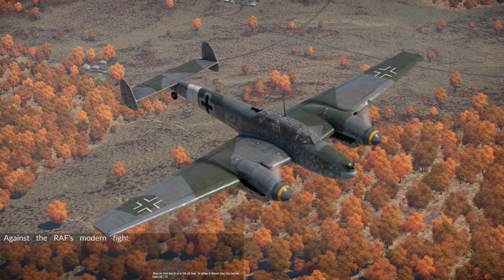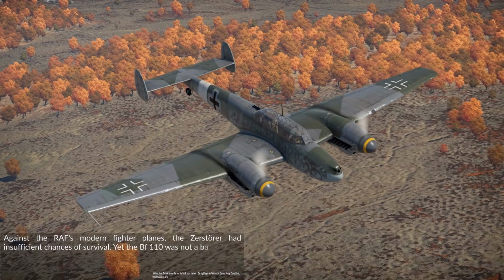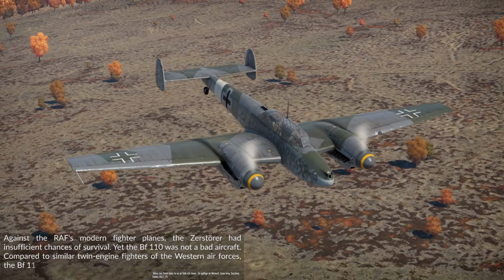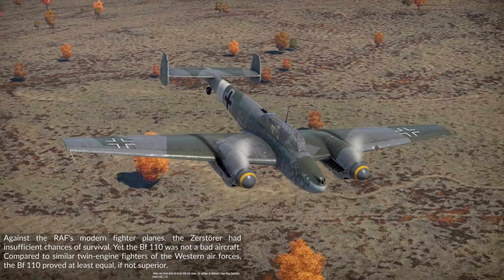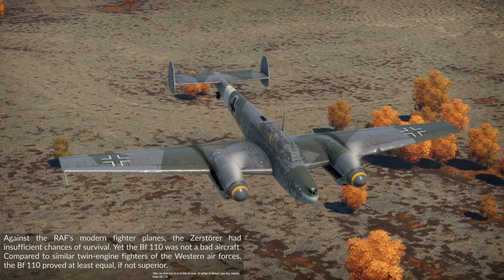Against the RAF's modern fighter planes, the Zerstörer had insufficient chances of survival. Yet the Bf 110 was not a bad aircraft. Compared to similar twin-engine fighters of the Western Air Forces, the Bf 110 proved to at least equal, if not superior.